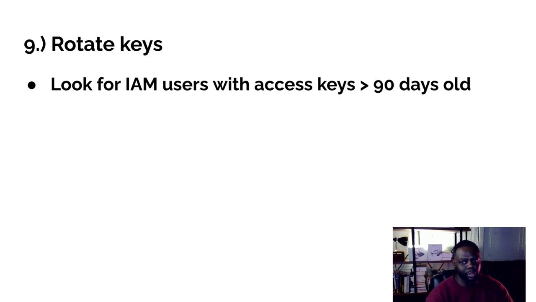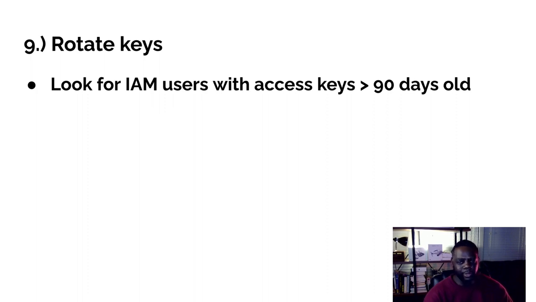Tip number 9 is to rotate your access keys. A good rule of thumb here is to rotate any keys that are greater than 90 days old. You can just go in to your IAM account and check: are there any access keys on these user accounts that are greater than 90 days?